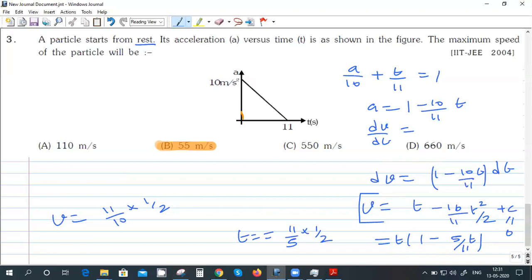So it will be maximum at half of 11 by 5, which is 11 by 10. If you put this value of t, I should get the maximum speed. The value of t is 11 by 10, so 11 by 10 into this one. It's half, so it's 11 by 20. There is no option for 11 by 20. What mistake am I making?